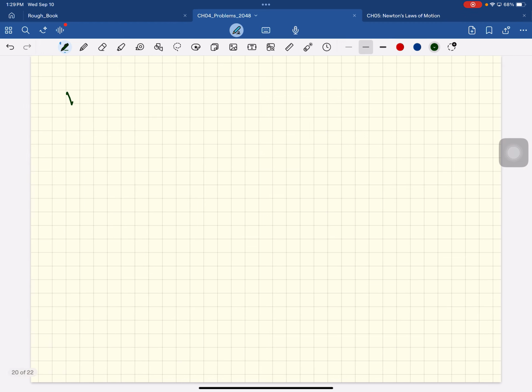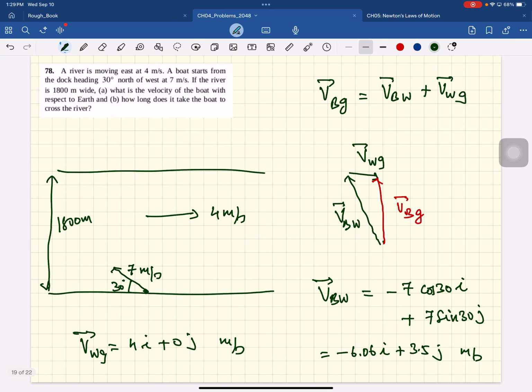So the velocity of the boat with respect to the ground is this vector.